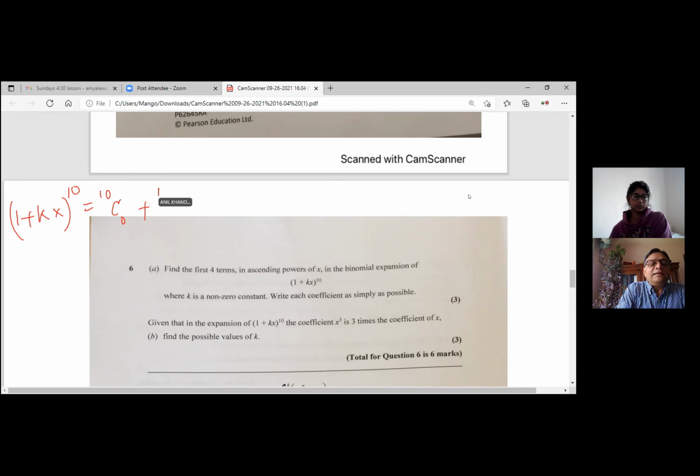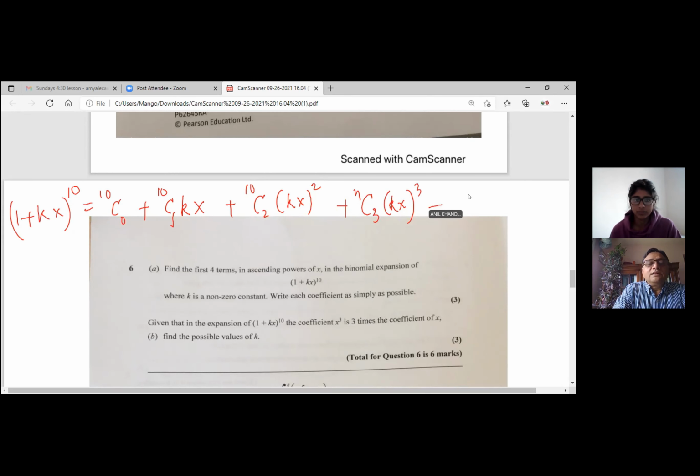And then we have 10C1 kx, then 10C2 (kx) to the power of 2, plus 10C3 (kx) cubed. So these are the first 4 terms, right? Those other terms you neglect. It says find the first 4 terms in ascending powers of x in the binomial expansion where k is non-zero. Write each coefficient as simply as possible.